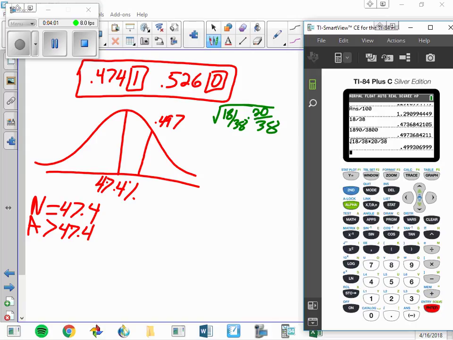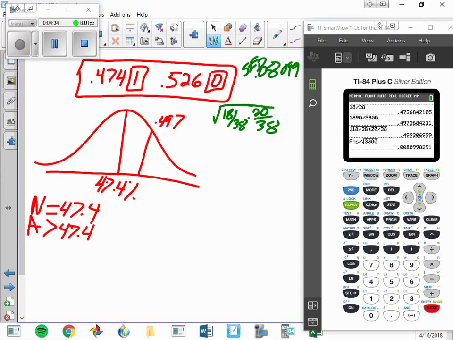Then I turn that into an SEP. We could have done SEN, but it's easier to do percentage. So we'll divide that by the square root of 3,800, right? And I get 0.08099. That is my SEP.